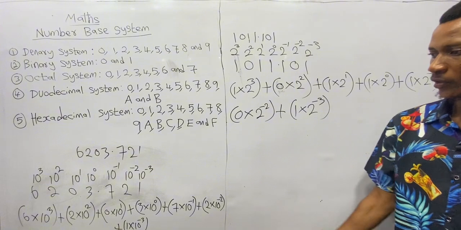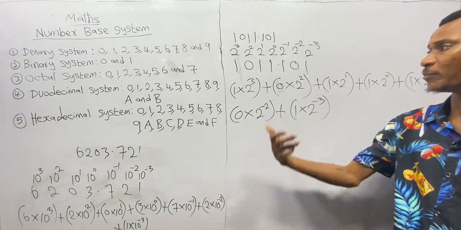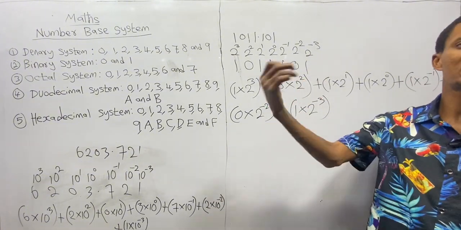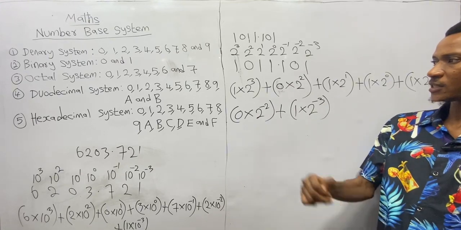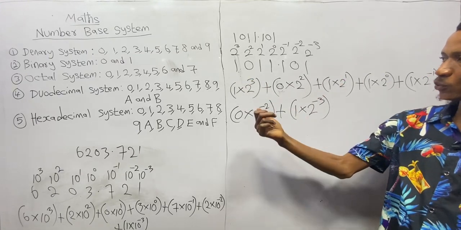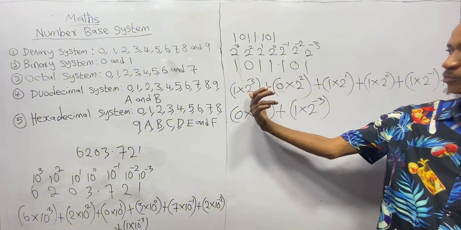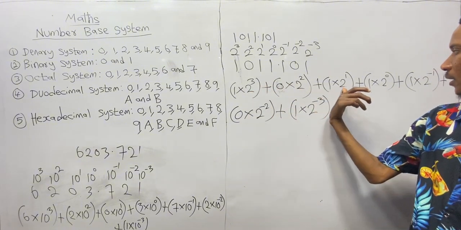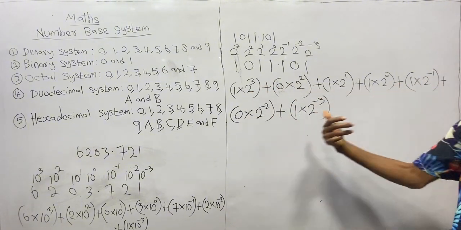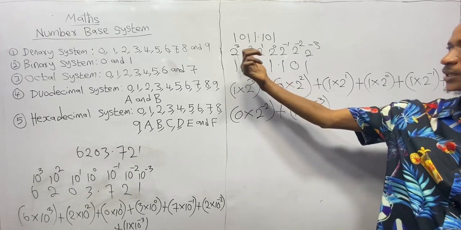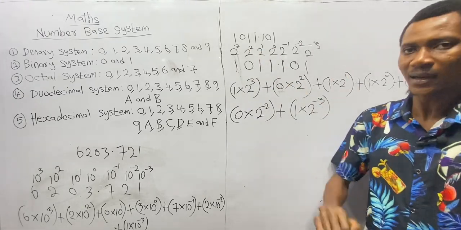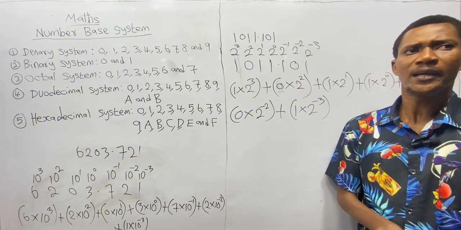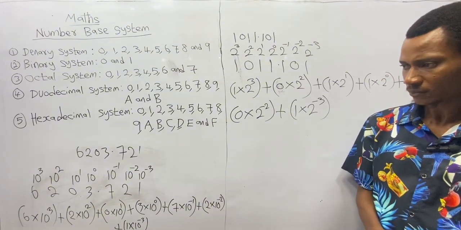So just the way we have done for base 10 and base 2, other bases also follow the same pattern. So had it been that this number is in base 3, we'll put in 3 here, 3, 3, 3, and so on and so forth, just like that.